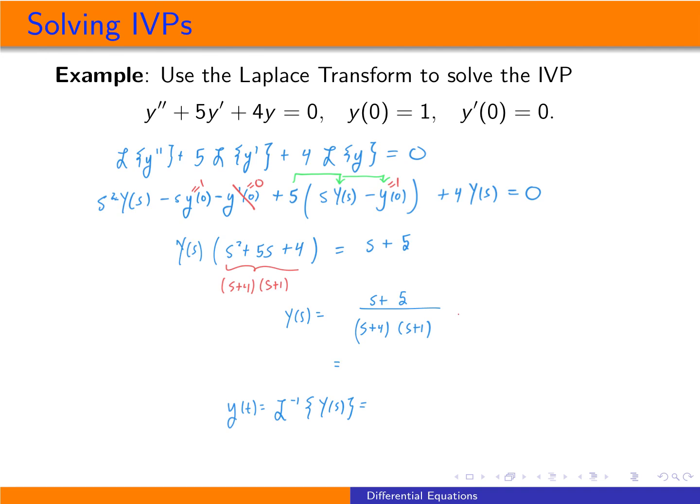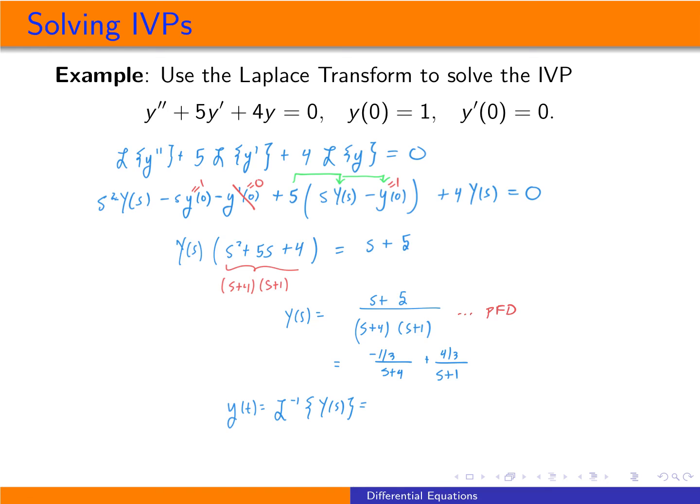Instead of going through the details of the partial fraction decomposition, which is very quick and efficient in this case, I'm just going to write down the form. Here what we would end up getting is minus 1/3 over s plus 4 plus 4/3 over s plus 1.